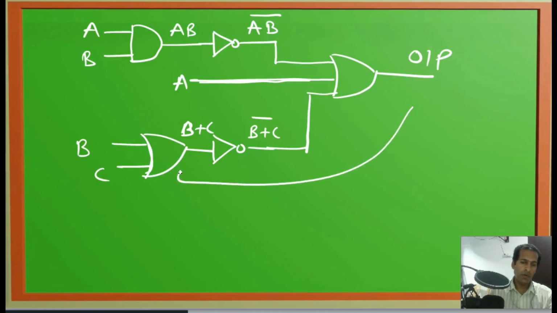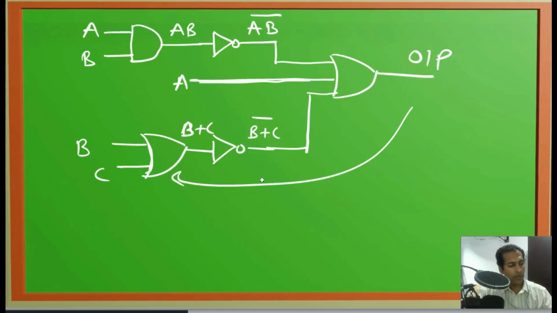We have worked from output to input. Similarly, we can convert a logic diagram to a Boolean expression. For drawing the diagram we started from the output and reached the input. Now if a diagram is given, we can convert it to a Boolean expression, which we will also see in an example.